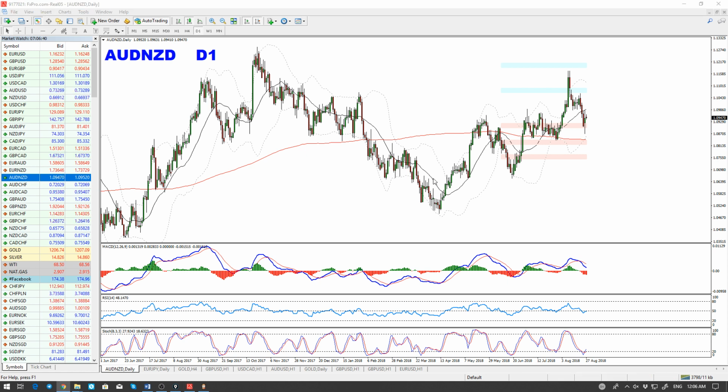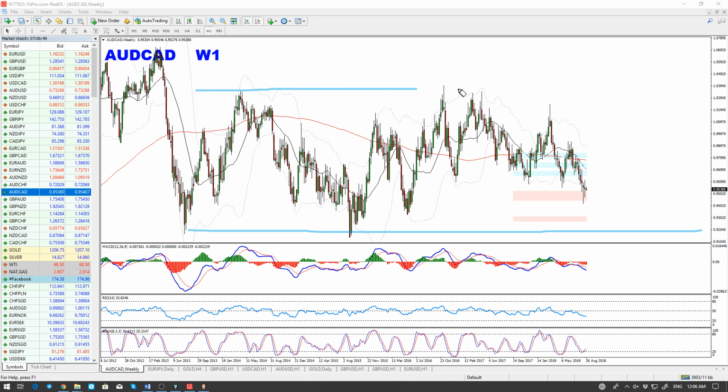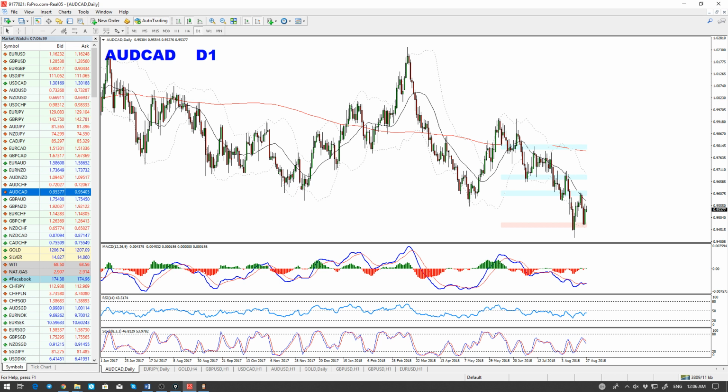Next one on the list is Aussie versus the Canadian, which has a ranging cycle on the weekly, which has a tunnel on the weekly as well, and at the same time developing bullish divergence on the weekly. Daily chart is a divergence by itself. That was our daily cycle.